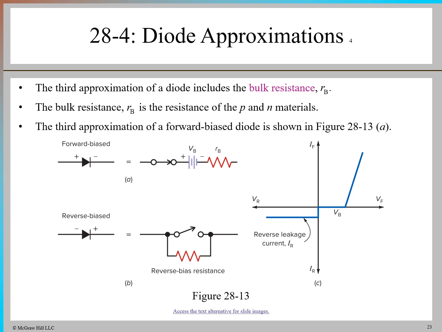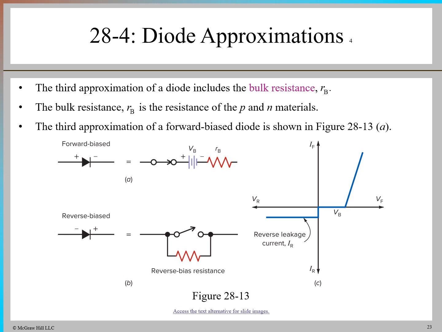This resistance causes the forward voltage V sub F to increase slightly as the current I sub F increases, and it's calculated using the equation V sub F is equal to V sub B plus I sub F times R sub B. In the reverse bias condition, the diode behaves like an open switch with a high leakage resistance, leading to a small leakage current as shown in figure 28-13C. The third approximation is the most accurate, accounting for bulk resistance and leakage currents, and is used for detailed circuit analysis.